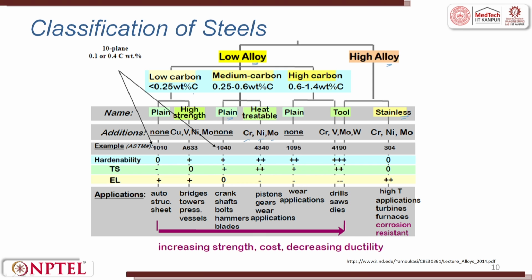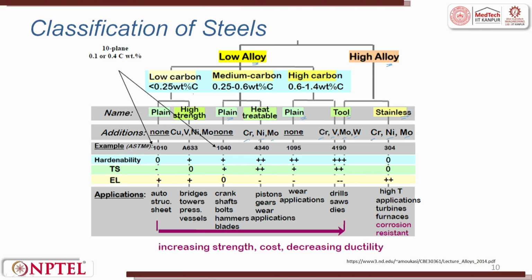When you come to high carbon, it is 0.6 to 1.4 weight percentage of carbon, you will have plain and tool, right. Under tool you will have chromium, vanadium, molybdenum and tungsten is also used. When we come to stainless steel, chromium, nickel and molybdenum are used, right.